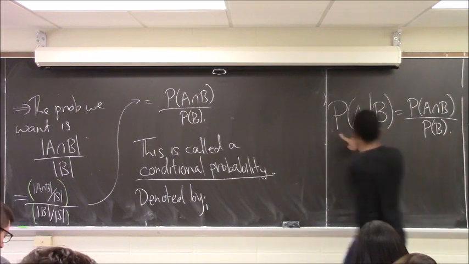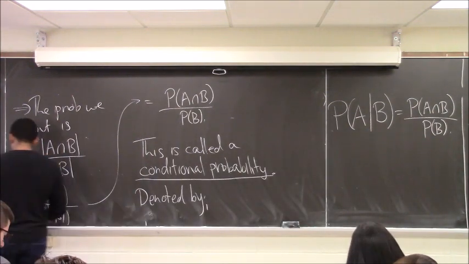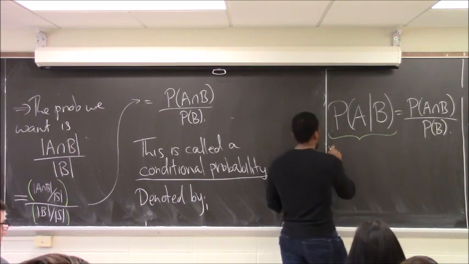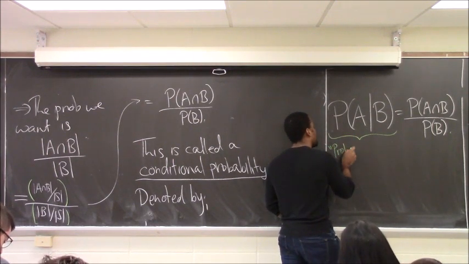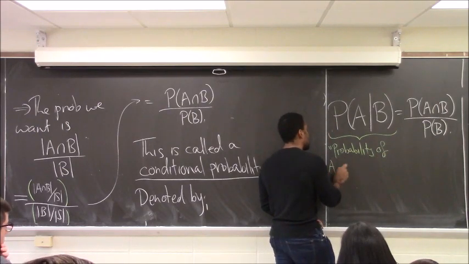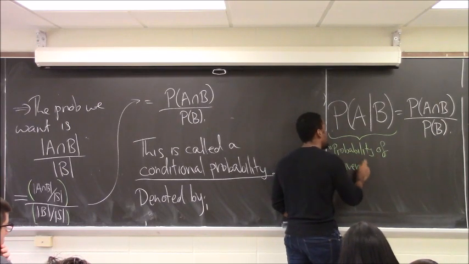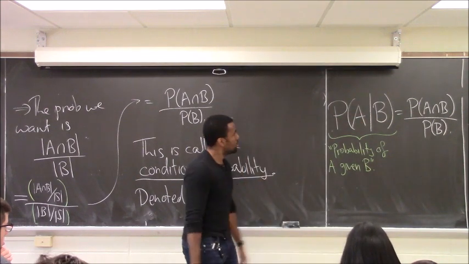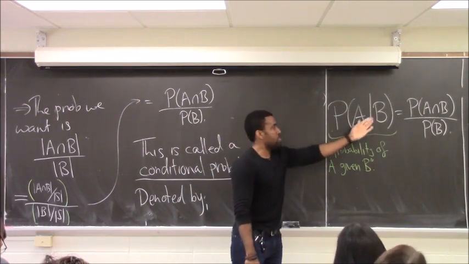And this part here, we read a specific way. This is read probability of A given B. So this bar is read as given. Probability of A given B.